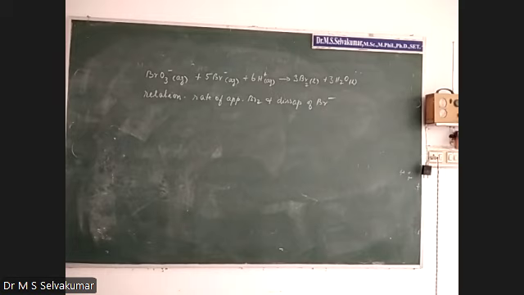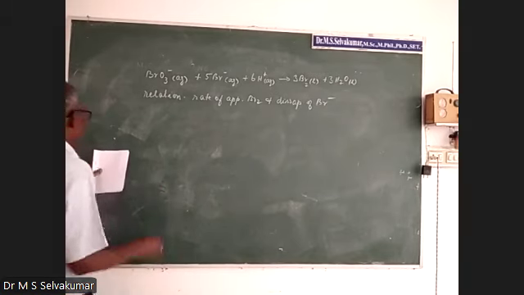Again, in the options, 4 different relations are given, and you have to choose the correct one, but you try to find out the relation between the rate of disappearance of bromide ion and the rate of appearance of bromine molecule. Again, you write the rate expression.